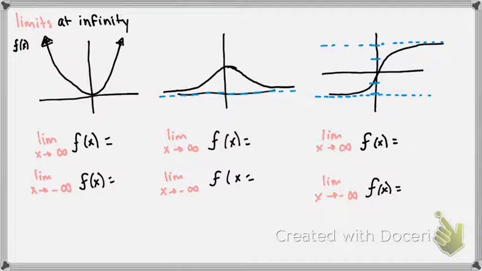So for this first graph, we see it's just like a little parabola, right? So we want to find out the limit as x approaches infinity. So the way we do that is, well, we just follow the graph.